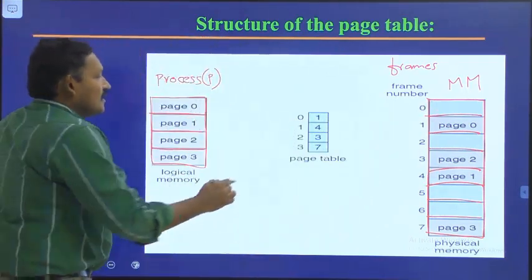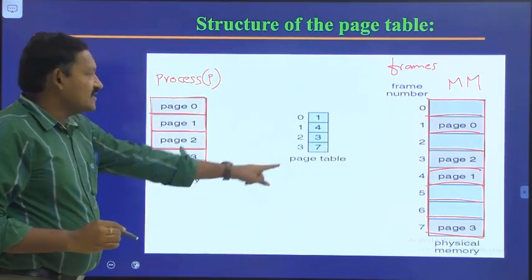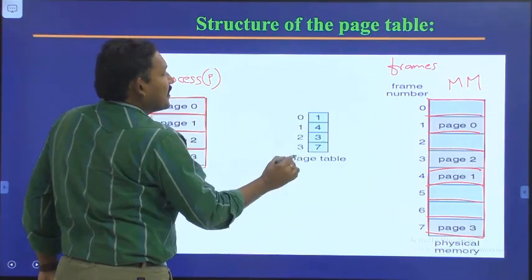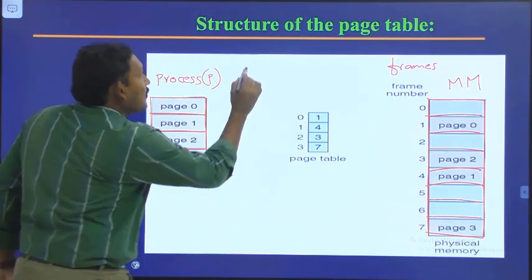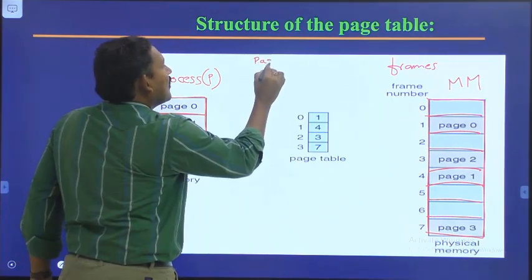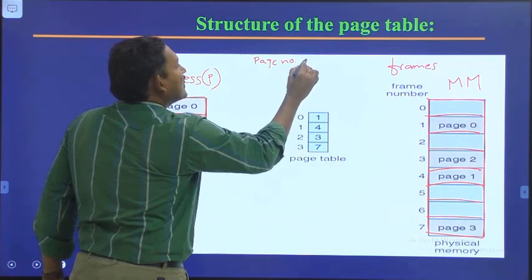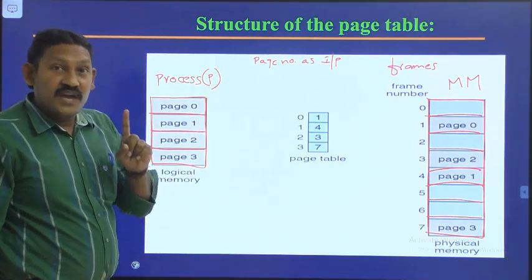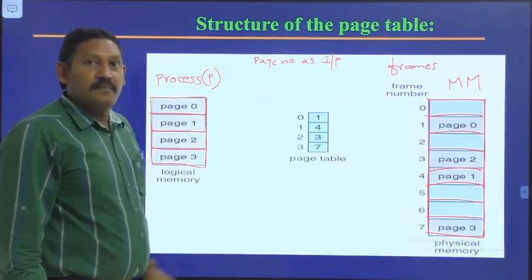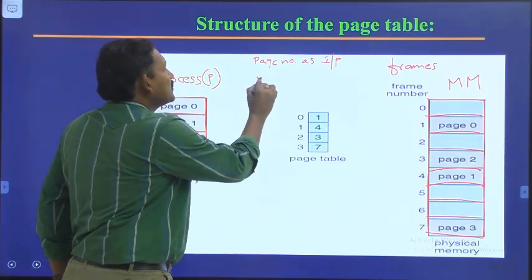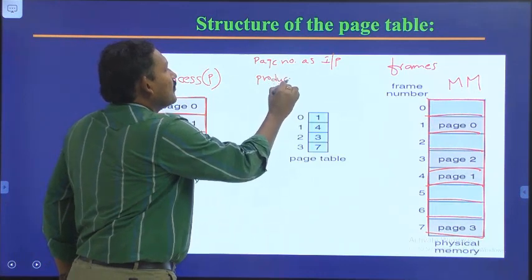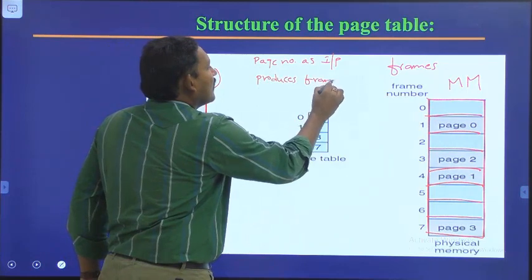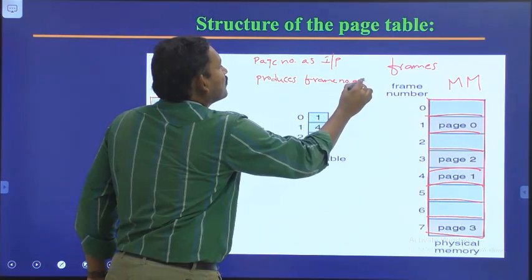Okay, this is the page table. We have already specified the page table. The page table will take page number as input and produces frame number as output.